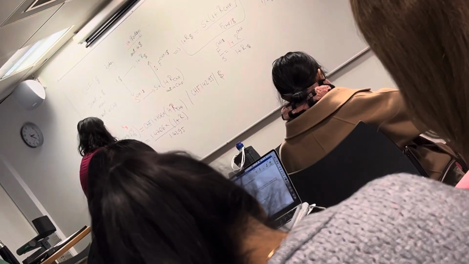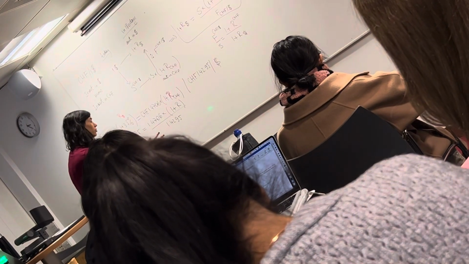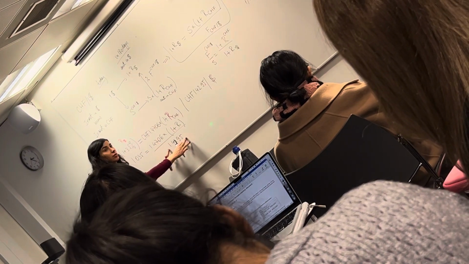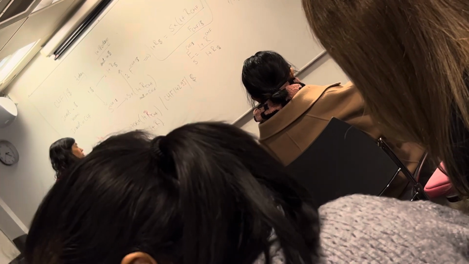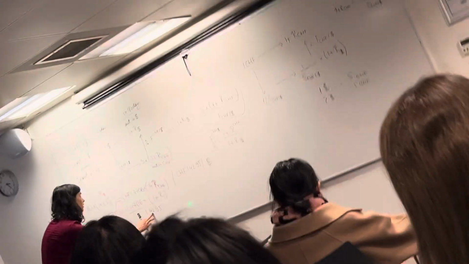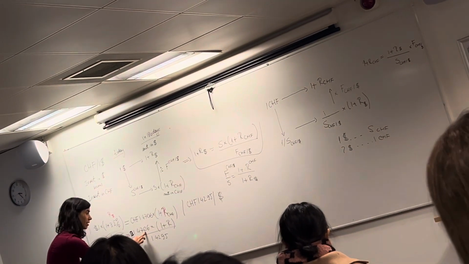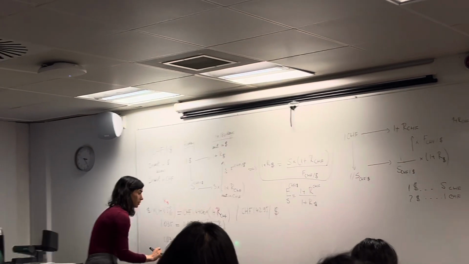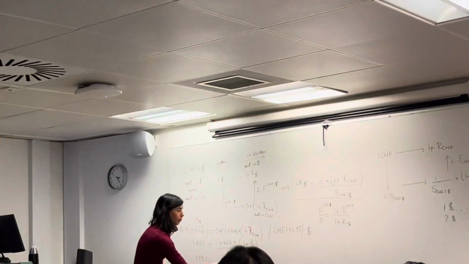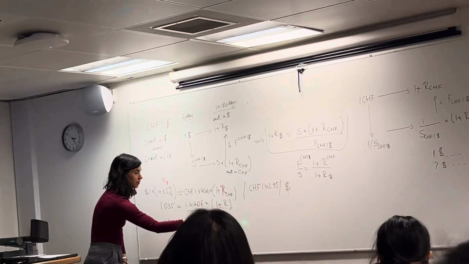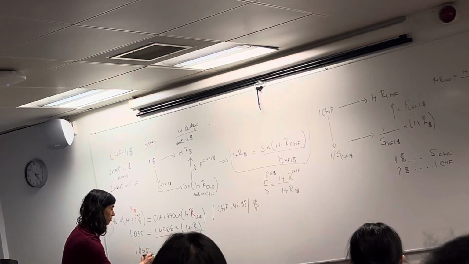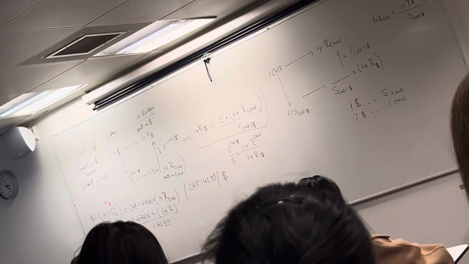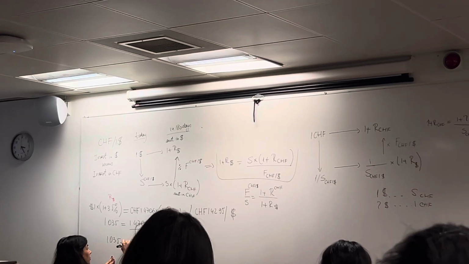Now it depends how you want to do it. You could do this and this, or some students did this times this divided by that. So 1.035 equals, if you do this, how much do we get? This is the ratio here. This sum is 1.028.